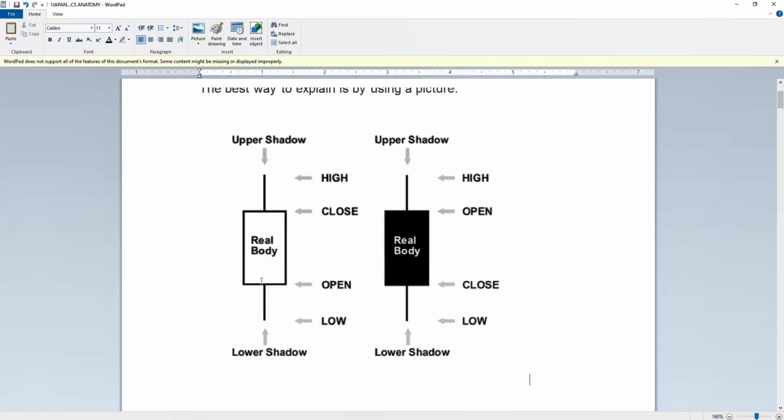On a buy day, price should close above the opening price, but on a sell day, price should close below the opening price. So on a sell day, we have the open above here, price trades up, forms the upper shadow, trades right down, forms a lower shadow, and then retraces and closes below the opening price. I hope it is understood.